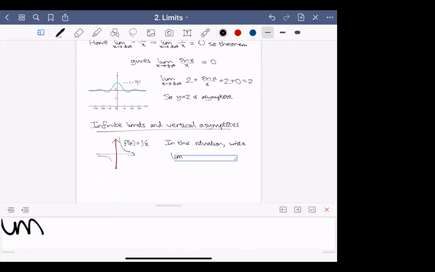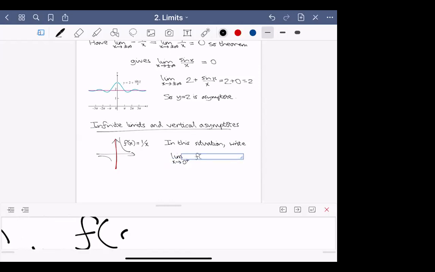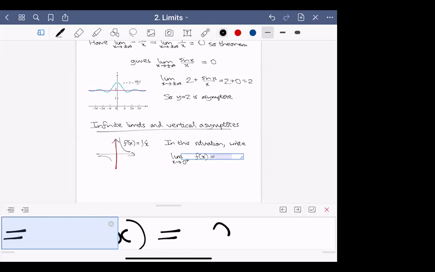So in this situation, we write limits like this. The limit as x approaches 0 from the right of f(x) equals infinity.